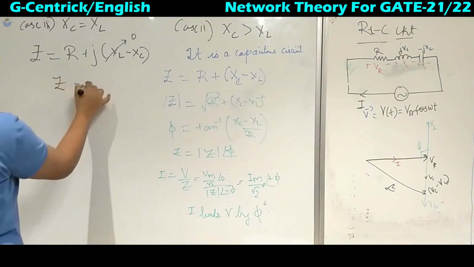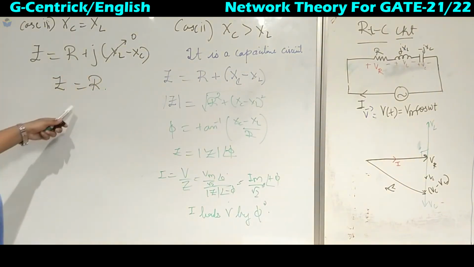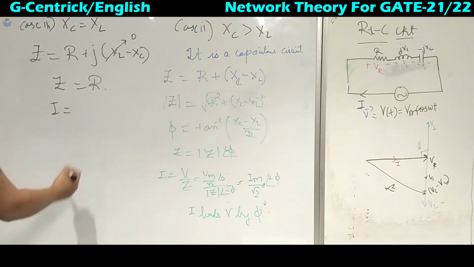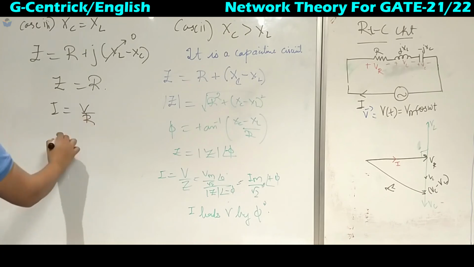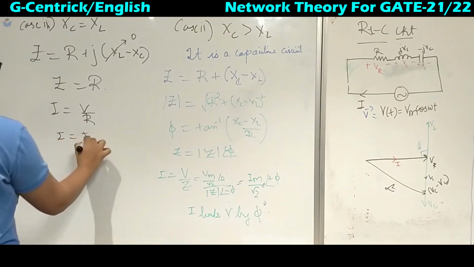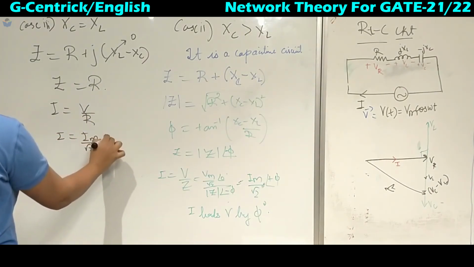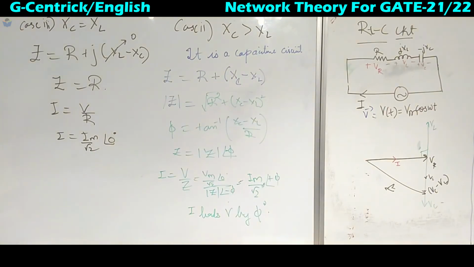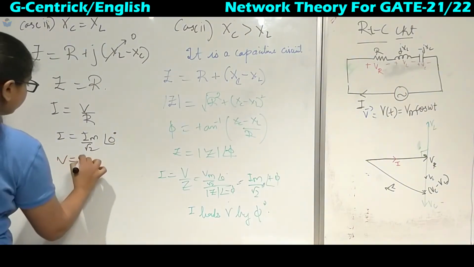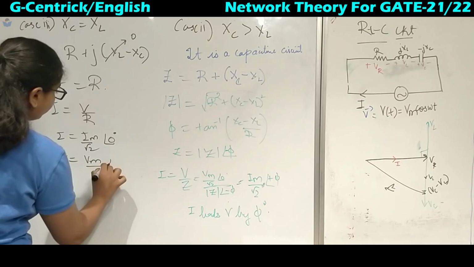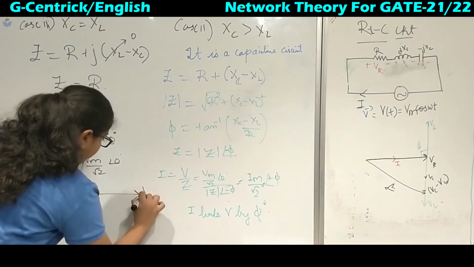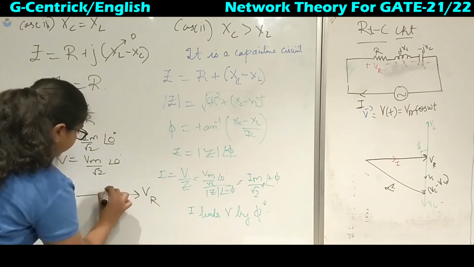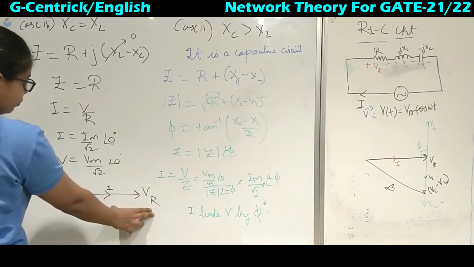So Z will be equal to R. If you have to calculate I, directly V by R, or Im by root 2 with an angle of 0 degrees. So I is at 0 degrees, and Vm by root 2 is at 0 degrees. How will you draw the phasor? This is for VR and here is somewhere I, so they are in phase.